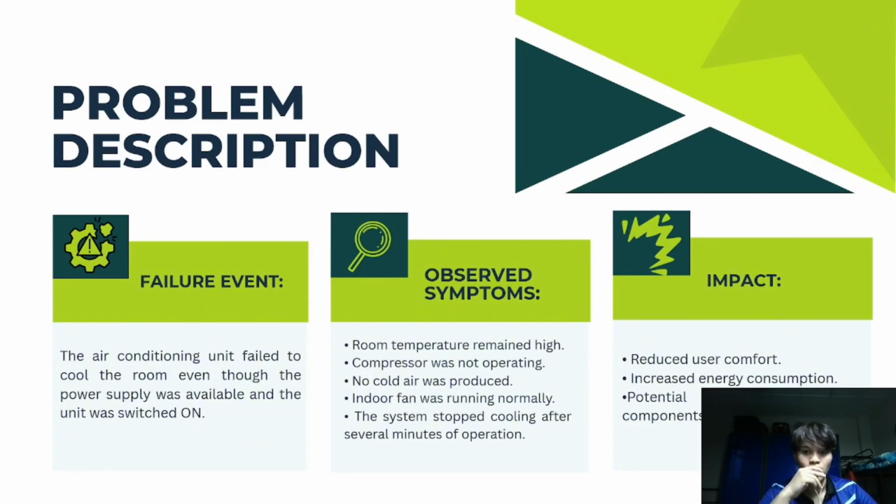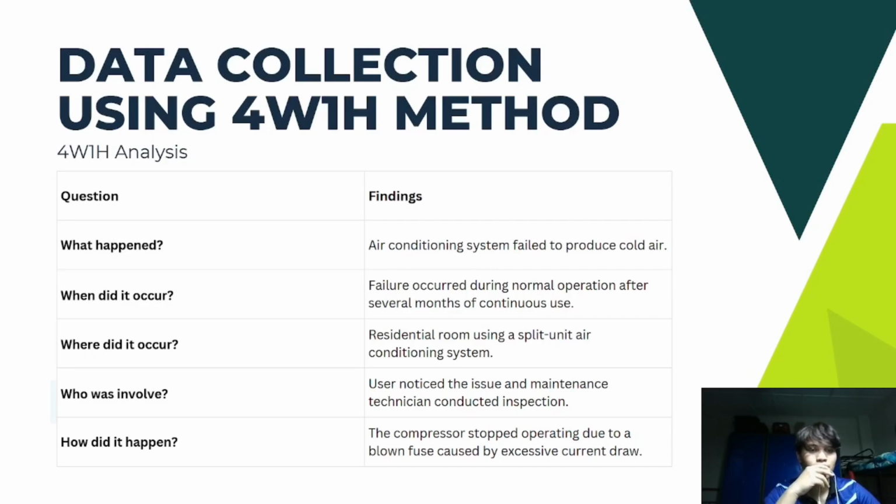Several symptoms were observed: the room temperature remained high, the compressor was not operating, no cold air was produced, the indoor fan was running normally, and the system stopped cooling after several minutes of operation. As a result, the failure reduced user comfort, increased electricity consumption, and could potentially damage other components in the system.